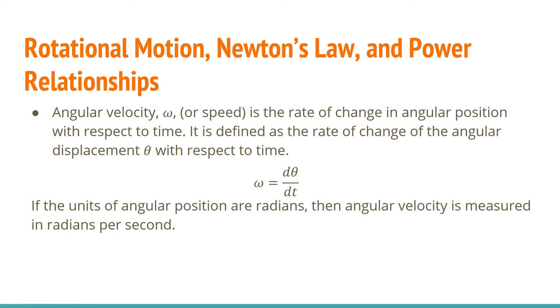Read it like this: angular velocity is equal to the derivative of angular displacement with respect to time. That is the correct way to read this equation. If the units of angular position are radians, then angular velocity is measured in radians per second.